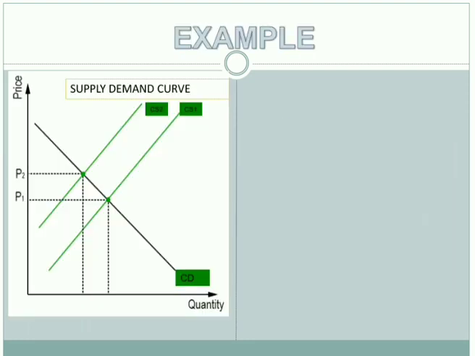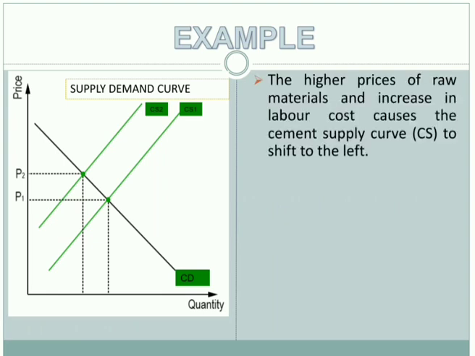So now we have a demand supply curve. Here I have taken an example of the cement industry. The higher price of raw materials and increase in labor cost caused the cement supply curve CS to shift to the left side. Now the green color CS1 was the initial cement supply curve.